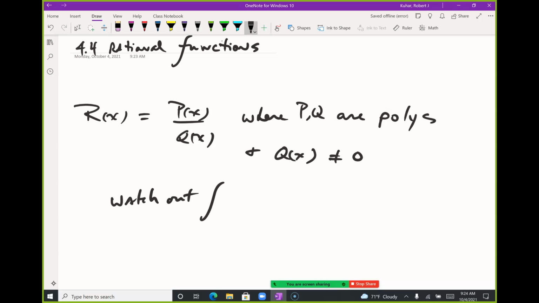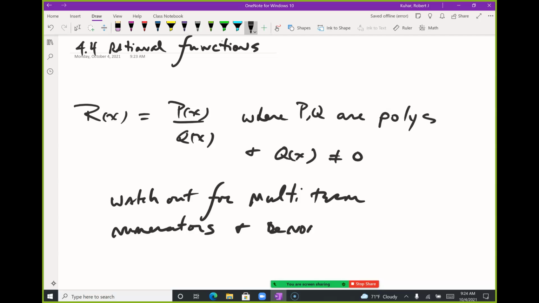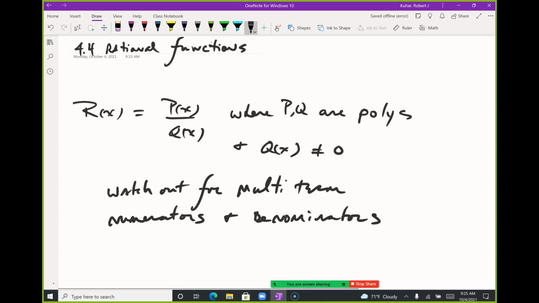Watch out for multi-term numerators and denominators. It's very easy to make a mistake in the calculator when you have a multi-term numerator and denominator.